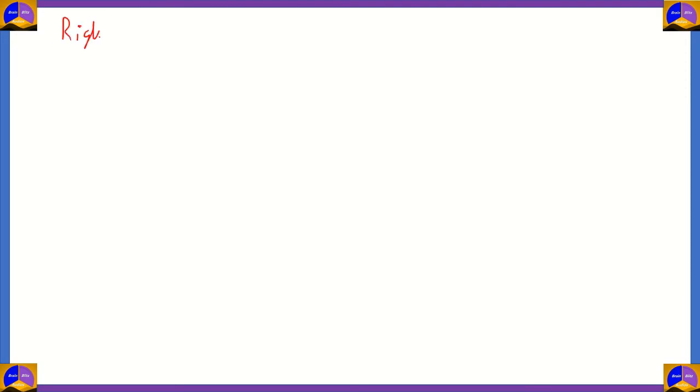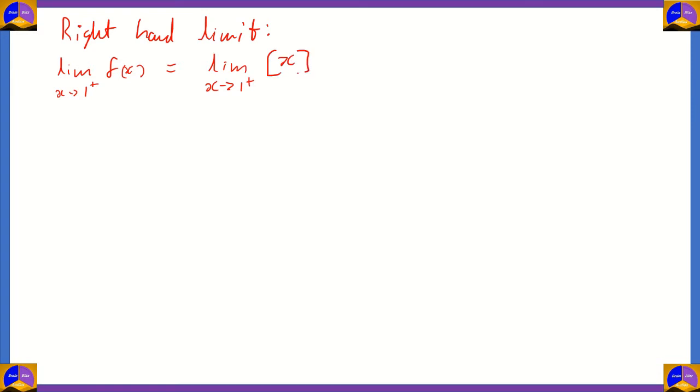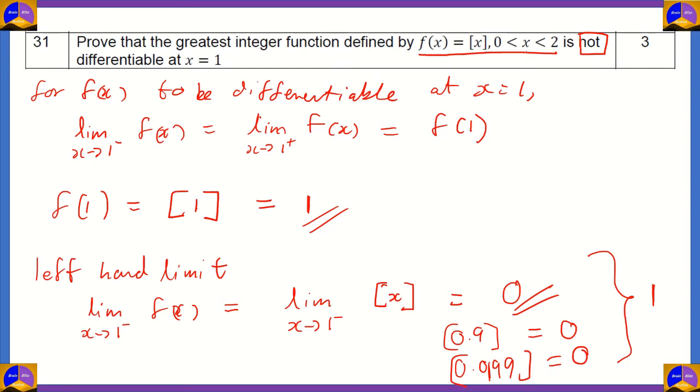If you look at the right-hand limit, that is the RHL, it'll be limit x tends to 1 plus f(x), which is equal to limit x tends to 1 plus greatest integer function of x, and that will be equal to, in this case, 1. So how did I know that the value here is 1? Because the function is defined in such a way that 0 is less than x is less than 2.